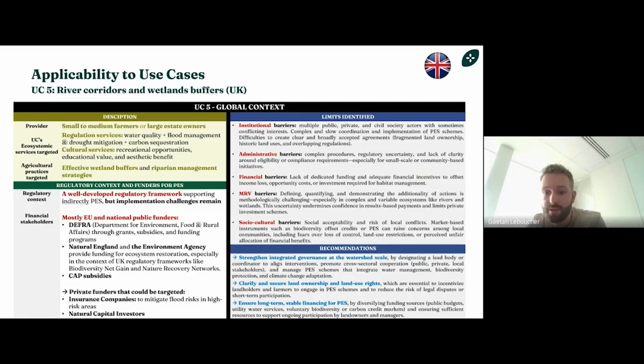So the governance is a key point here to address, and ensure long-term stable financing for PES. As I said previously, this is a key point also, as we want the farmers to implement actions on a long-term schedule.